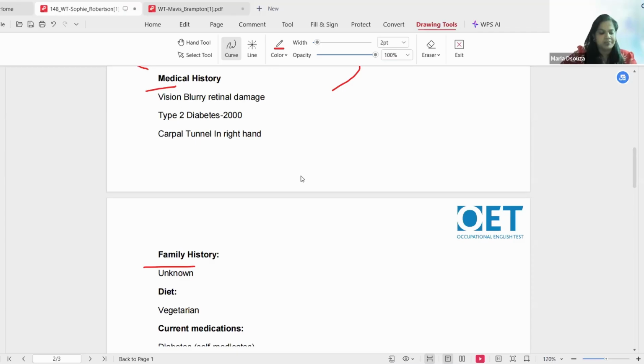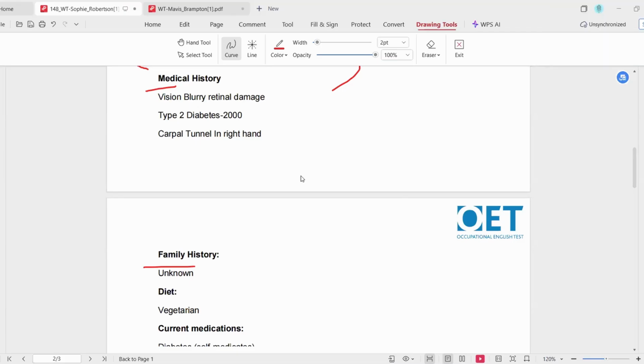We can talk about vision because we don't know the level of his alcohol consumption, even though they've given it here. It's good to mention as another history part. Diabetes, 100% we have to mention. Am I right, Rachel? Yes, ma'am.